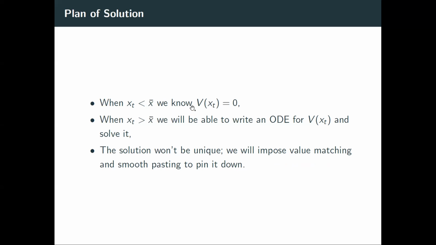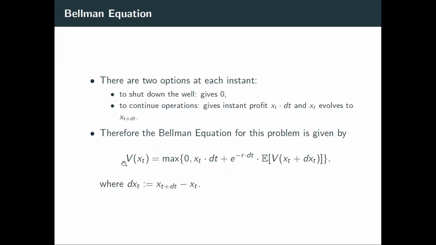That is, your value function is equal to 0 in this region. When it's vice versa, when your current XT exceeds X bar, you continue operation, and therefore you can explicitly write that your current value function is equal to this expression.